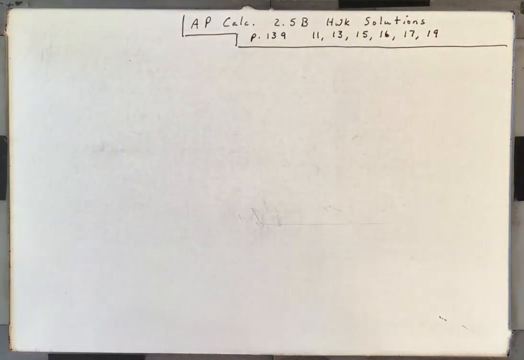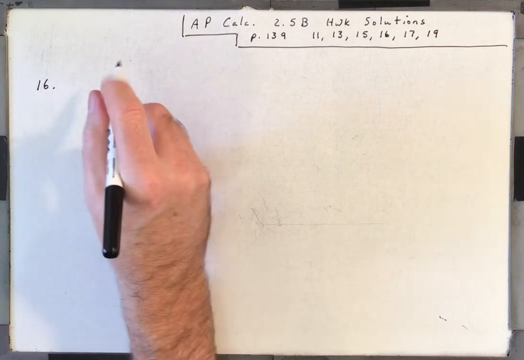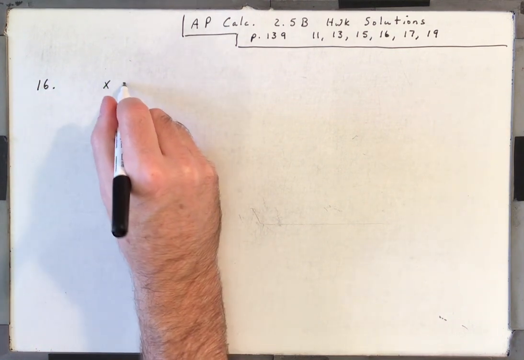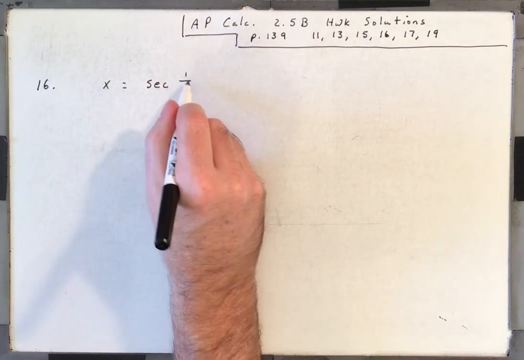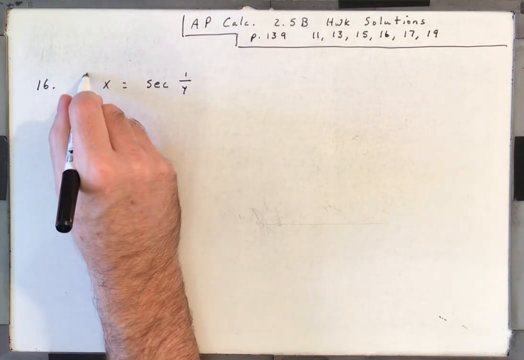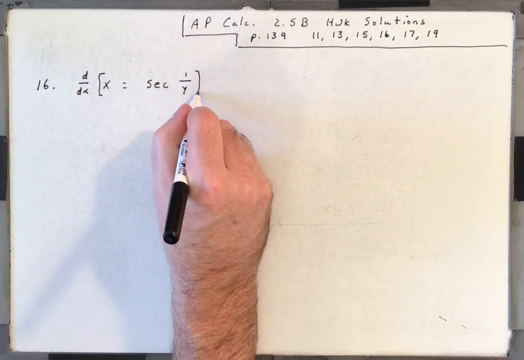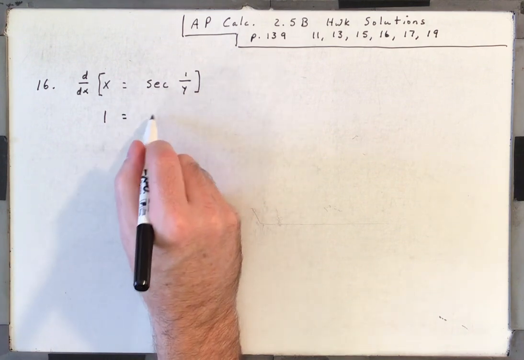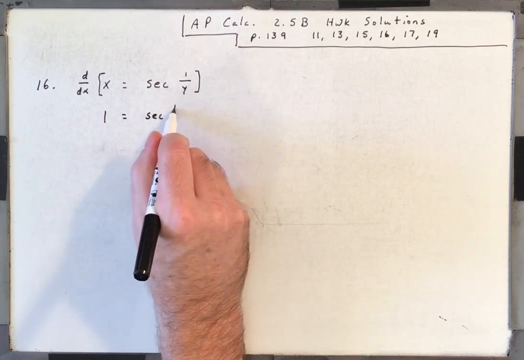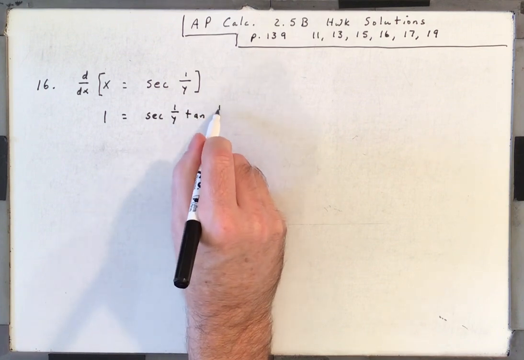All right, and then number 16, we have x is equal to secant 1 over y. So let's take the derivative with respect to x. So that'd be 1 is equal to secant 1 over y tangent 1 over y.